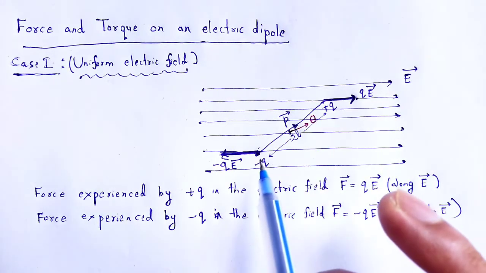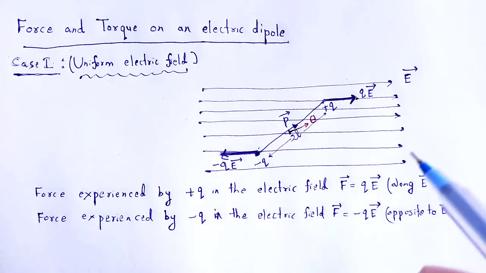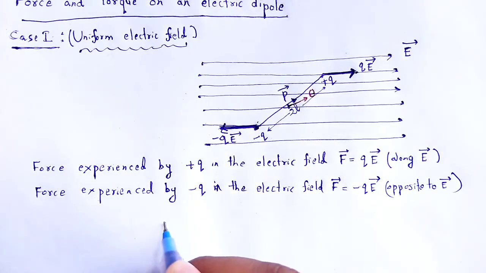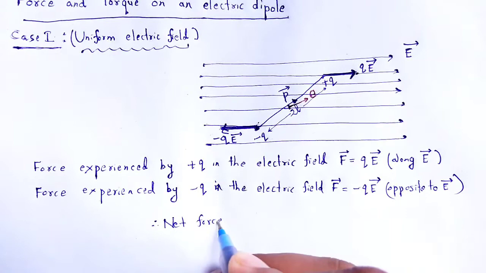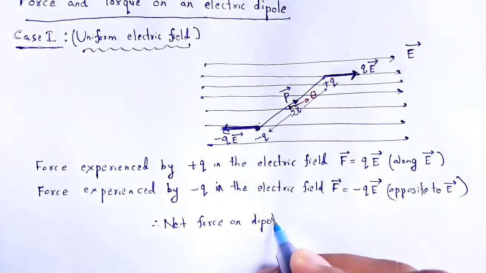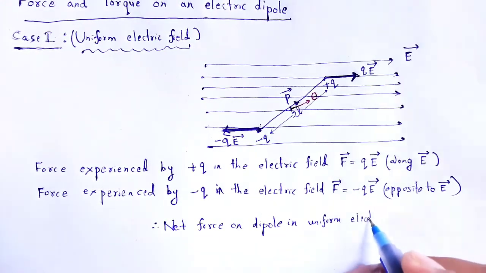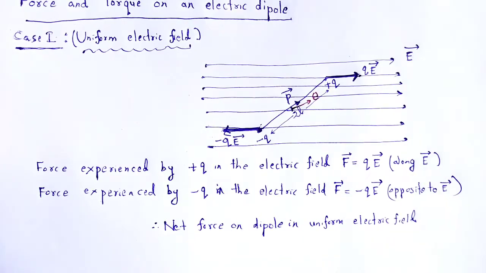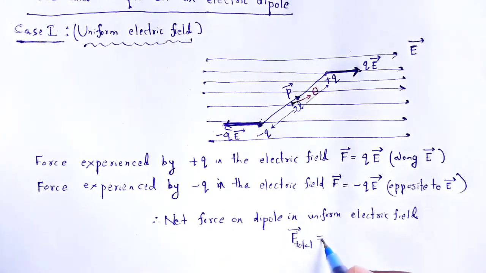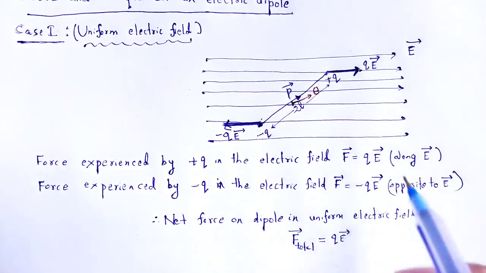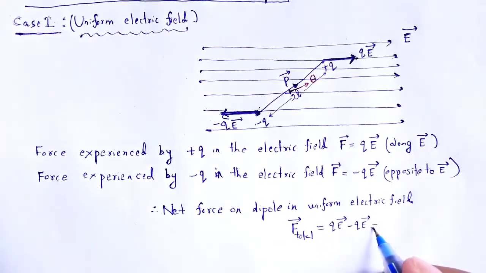Therefore, the net force on the dipole in a uniform electric field is F total equals qE, the force on plus q, plus minus qE, the force on minus q, and the value is 0.